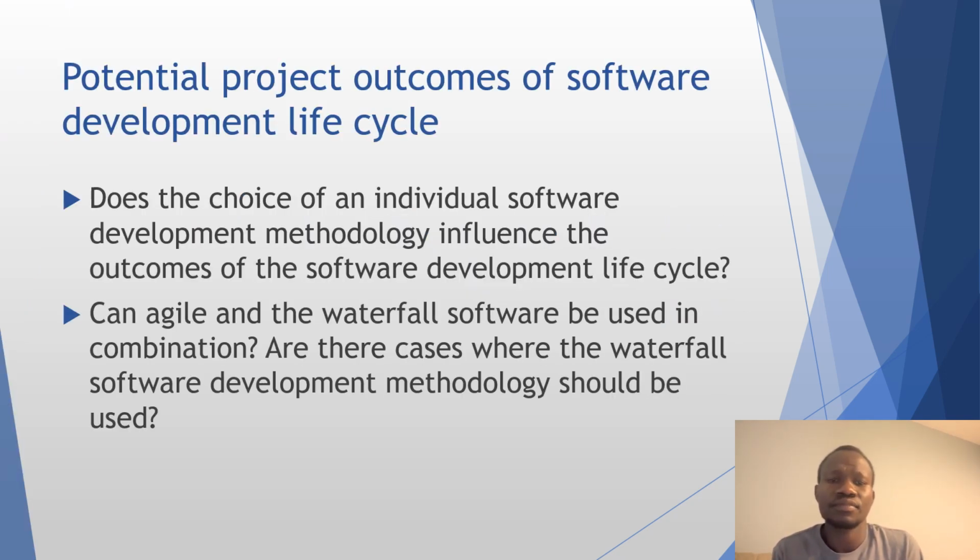So basically, when we talk about project outcome in a software development life cycle, we are looking at whether the product that you have come out with, that software, meets the client's requirements, whether it is done within the minimum cost possible, and whether the end product was delivered within the specified time.